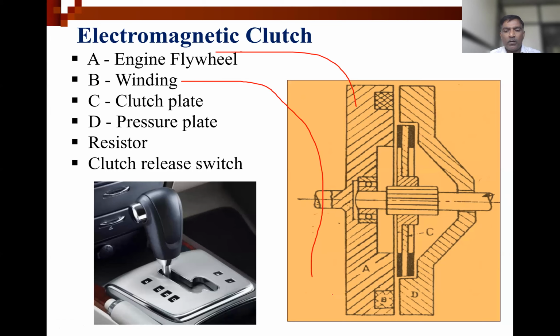B, winding. C, clutch plate. D, this pressure plate. The register is not shown. And clutch release lever, clutch release switch.